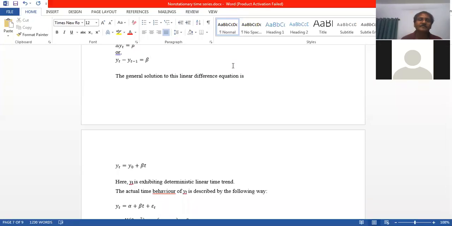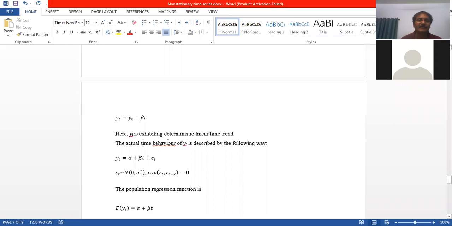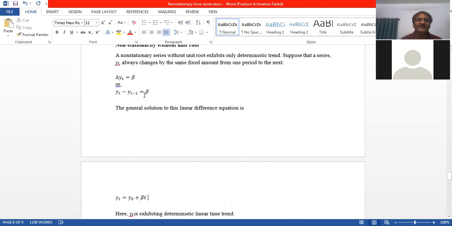Okay. So this is a linear difference equation, and you can solve the linear difference equation. By solving it, you can have this kind of expression. This is the general solution of the linear difference equation of this type.